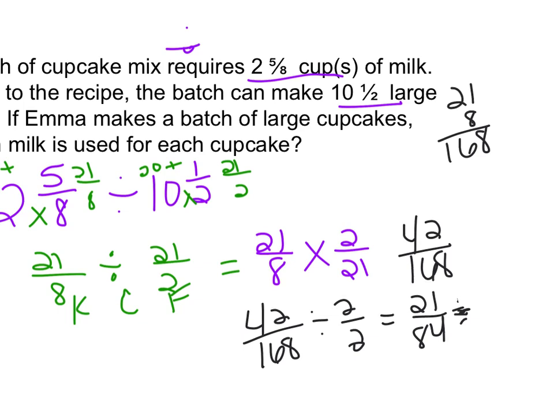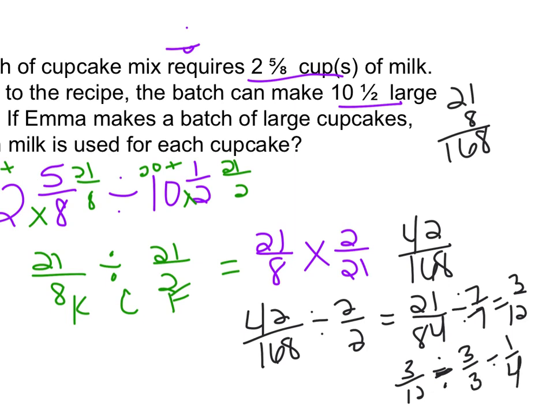So 21 divided by 7 is 3. And 84 divided by 7 is 12. Oh, I could still simplify, so I'm going to do 3/12 divided by 3. That's going to be 1/4. Wow, all that work. And we have 1/4. So my answer is going to be 1/4 cup.